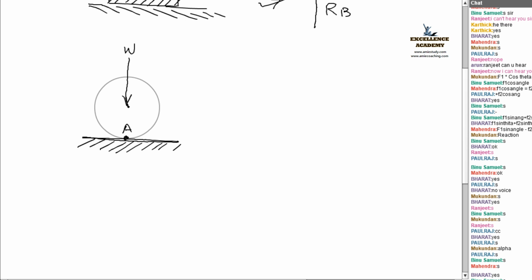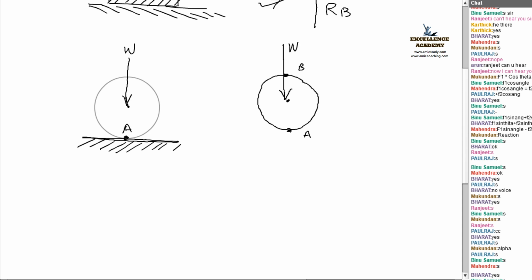Can you please give me how the free body diagram appears? First of all, I have to draw a circle. I mark this point and this point. This point is A and this point is B. Then what are the various forces on this body? From the top, which force is acting?